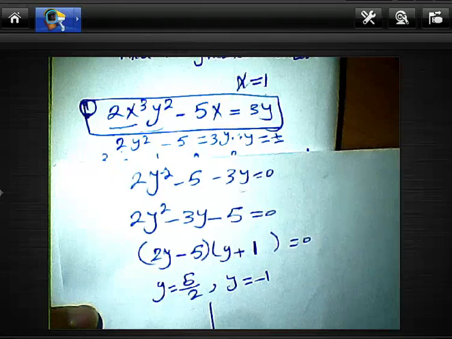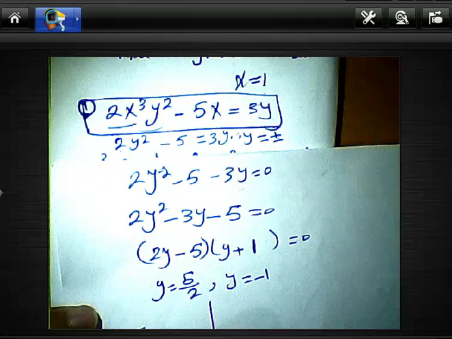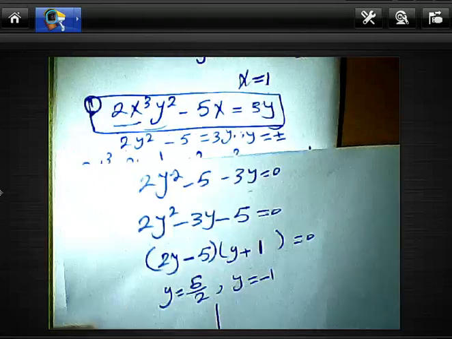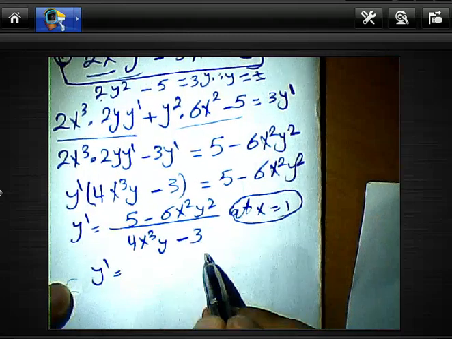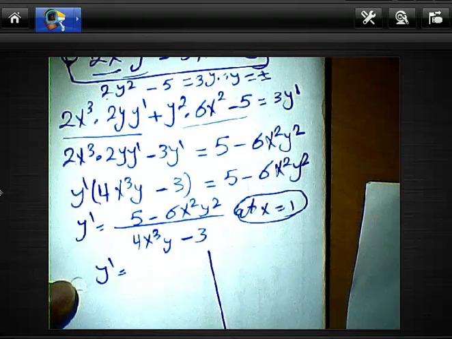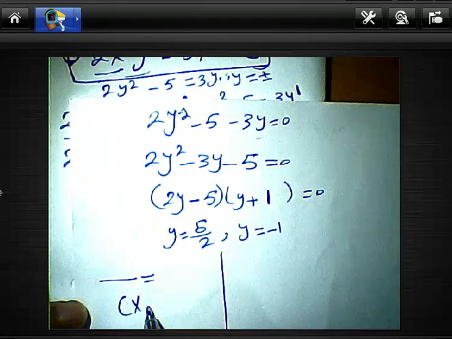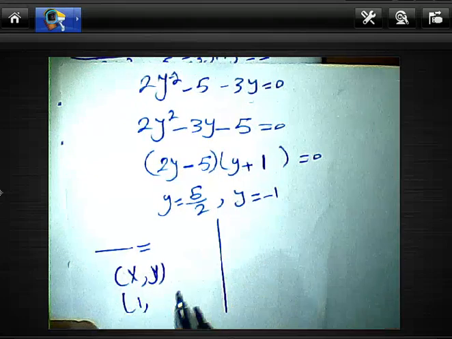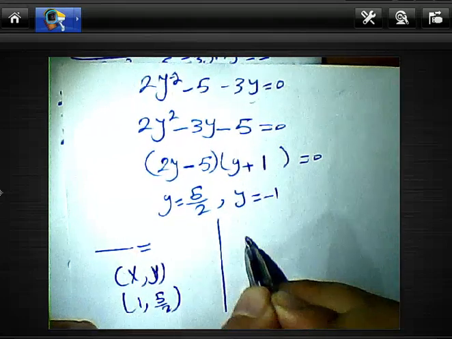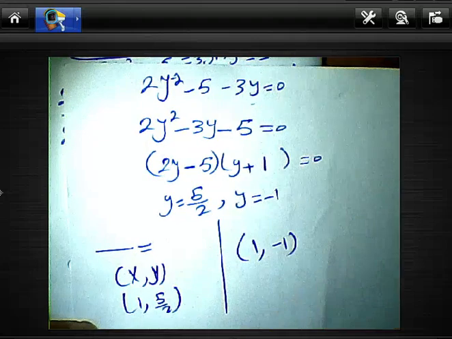So we can find the equation. Here we want dy/dx at x equals 1. We can find the first point, x equals 1 and y equals 5 over 2, and the second point, x equals 1 and y equals negative 1.